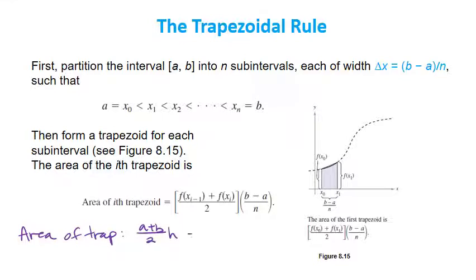You can also think of this as 1/2 of the sum of the bases times the height of the trapezoid, which is the distance between the two parallel bases. Okay, so you can take a look at this diagram, but what it leads to is the following.